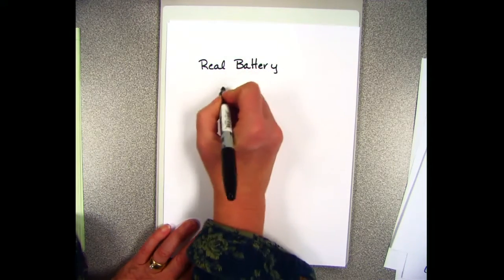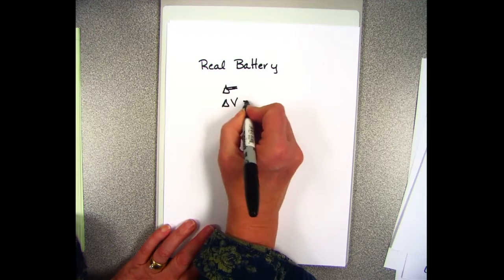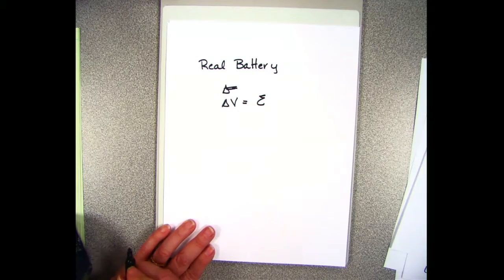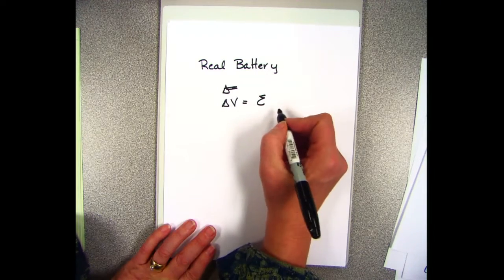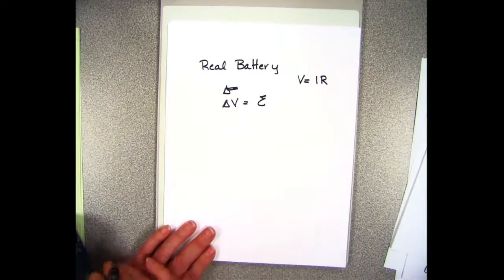And for my real battery, my change in potential is going to equal my electromotive force, for which we're going to use E. And we already know based on Ohm's law that V is equal to IR, that my voltage is equal to the current times the resistance.